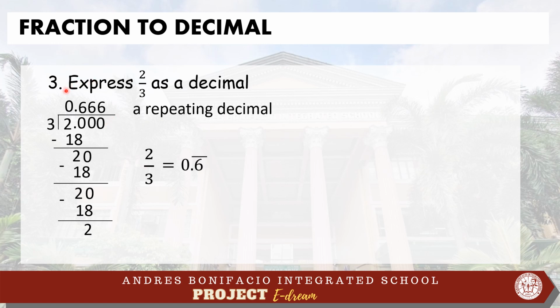So we can write this 0.666 as 0.6, and then we use a bar to indicate that the digit 6 repeats. So, gagamitan natin ng bar dito sa taas. So, ibig sabihin nito na yung 6 na yan, ito po yung paulit-ulit.